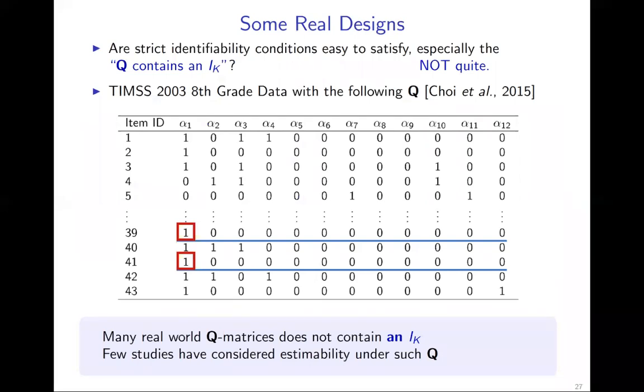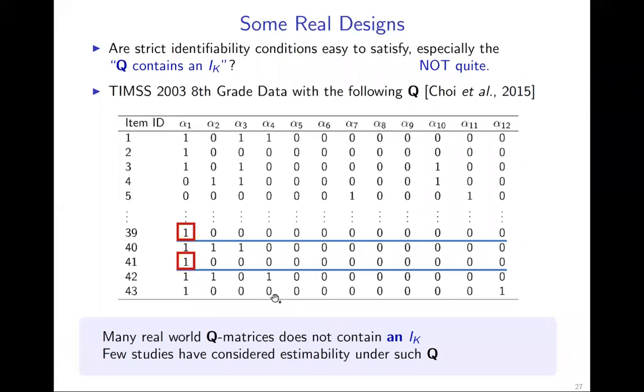As I promised, the second sub-question for identifiability is a more relaxed notion of identifiability. And this is motivated by considering that the strict identifiability condition, that Q contains an identity, sometimes is hard to satisfy in practice. For example, here is part of the Q matrix corresponding to a real data set, TIMSS 2003 8th grade data.